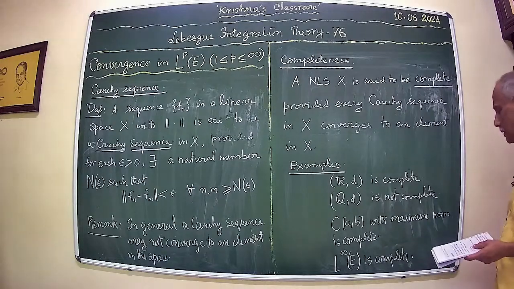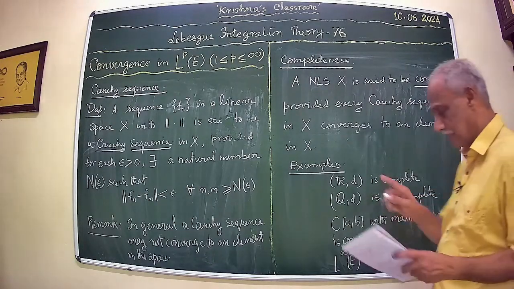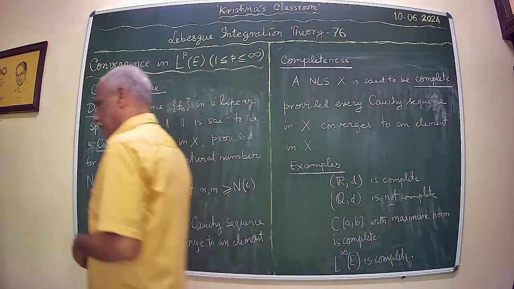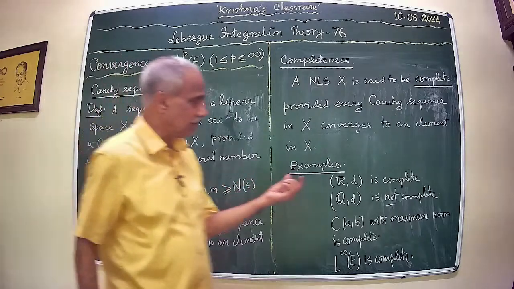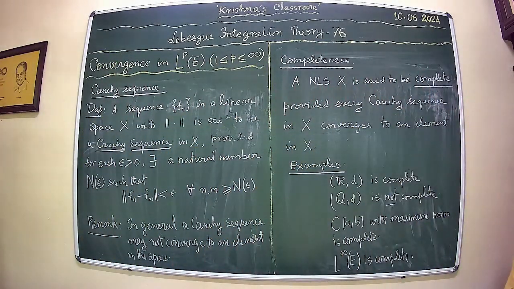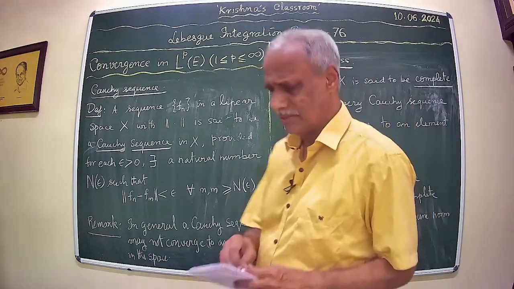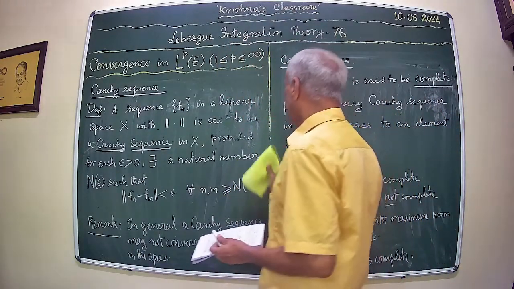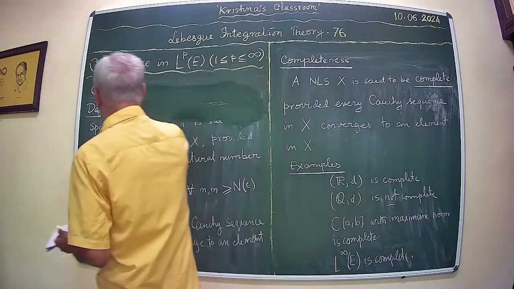But you see that, like Q, if you take the set of all polynomials on the closed bounded interval [a,b], with the maximum norm, it's not a complete space. There are a lot of examples that you can give of spaces which are complete and spaces which are not.